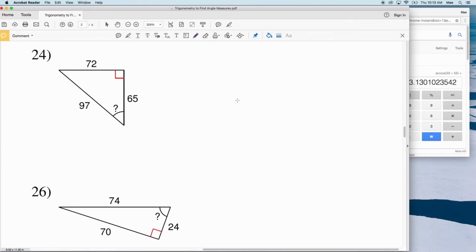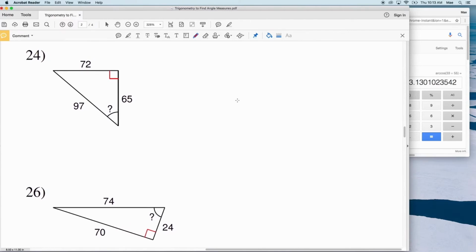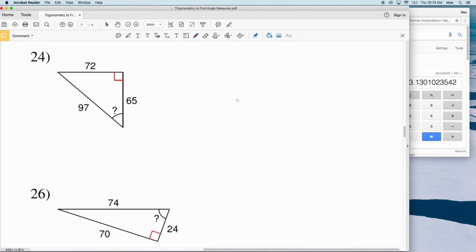In number 24, we're given all three side lengths again. I use sine, then I use cosine, so let's go ahead and use tangent for number 24. If we're using tangent, the tangent of our angle, let's go ahead and call this angle A. The tangent of A, we're going to need to use the adjacent side and the opposite side. So that's everything excluding the hypotenuse. So we do not need to use this 97.